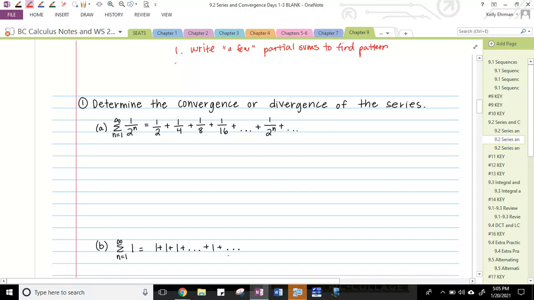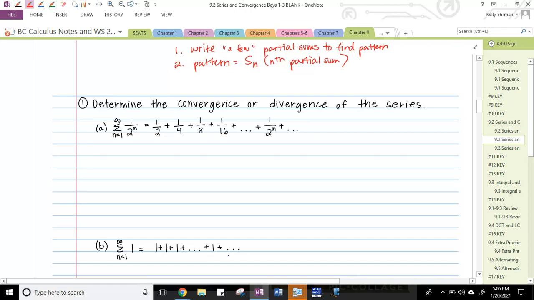The pattern that you're looking for is the nth partial sum. We're used to saying it's the nth term. So you're coming up with that pattern.